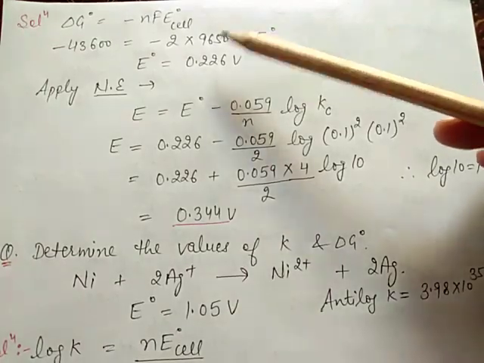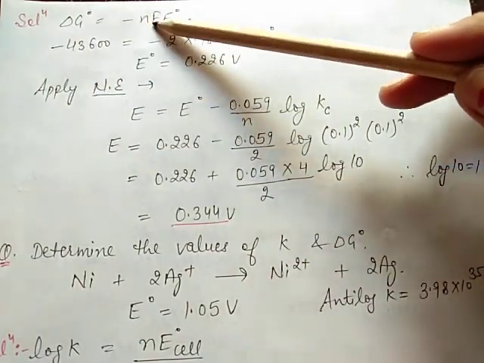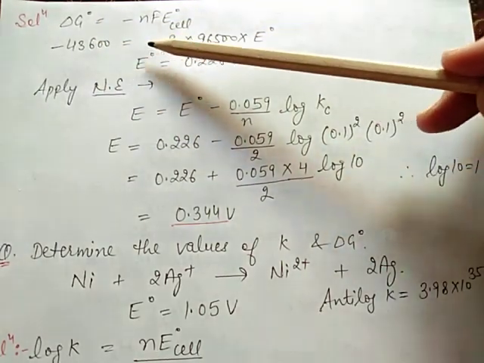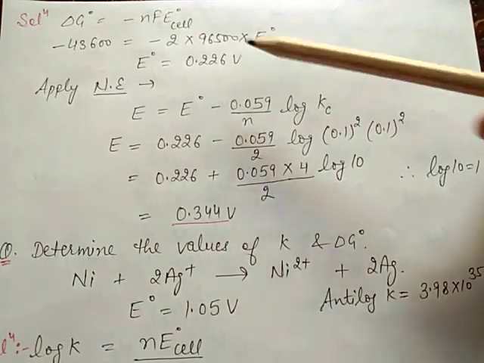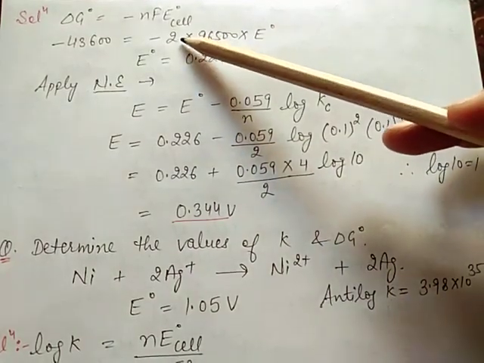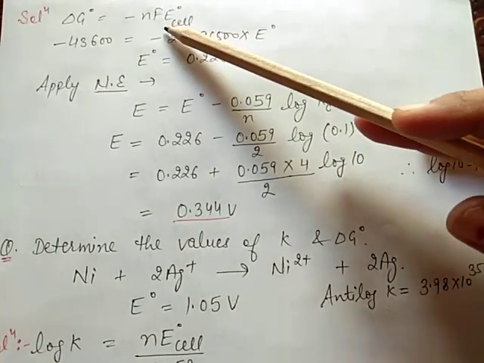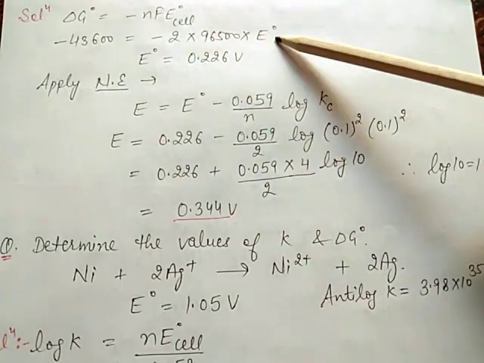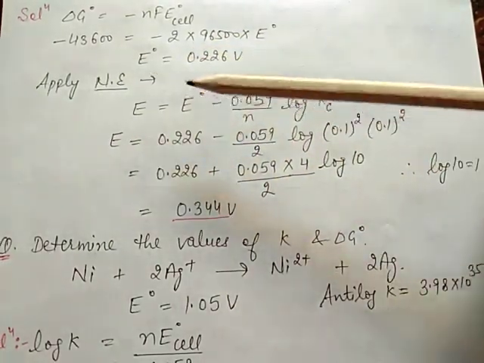Then apply the formula of Gibbs free energy, that is delta G naught is equal to minus nFE naught cell. Delta G naught value is given, n is the number of electrons exchanged in the reaction, that is 2. F is the Faraday, that is 96500 coulomb. We can easily calculate E naught cell after dividing this.